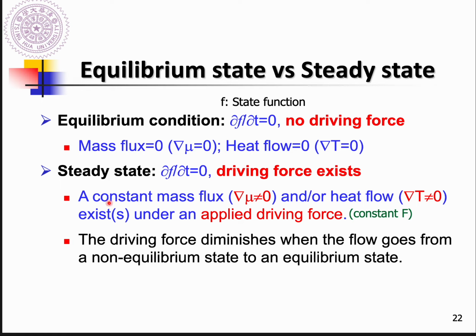So we will observe a constant mass flux if the driving force is a chemical potential gradient, and probably you will have a constant heat flow if the driving force is the temperature gradient, right? So in the steady state, the driving force is a constant driving force, so you will get a constant flux, no matter whether it's mass flux, heat flux, or electrical current.